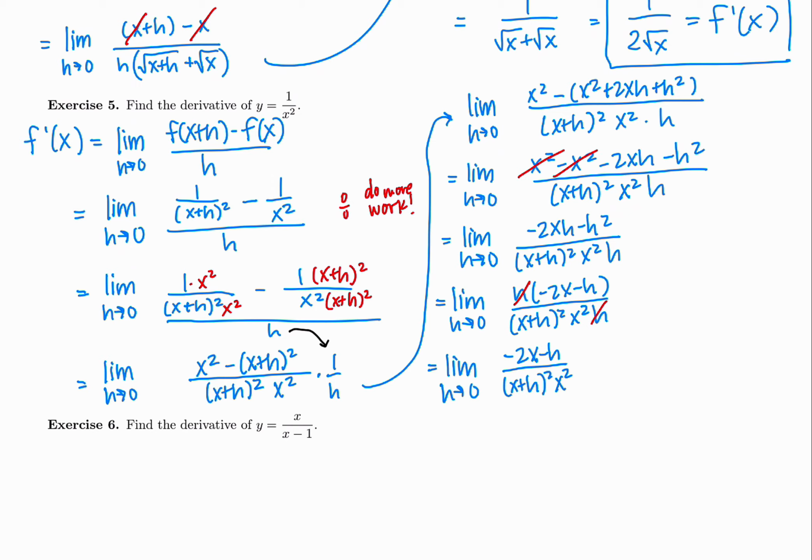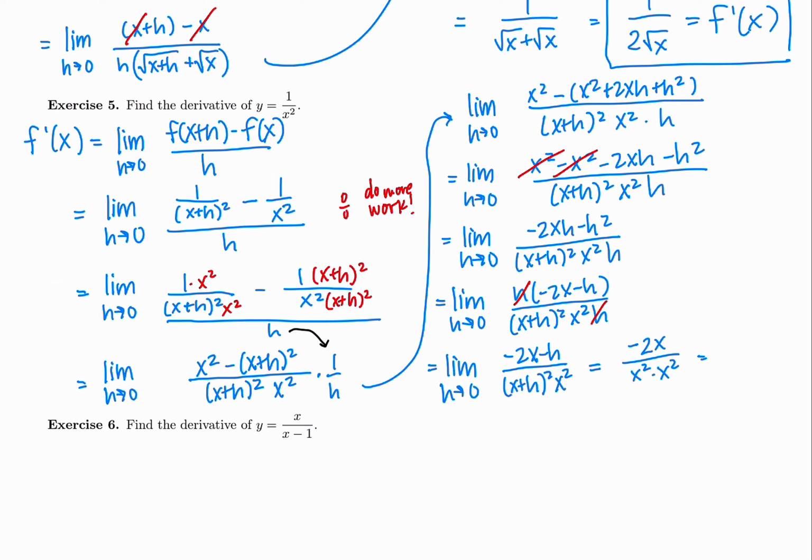Now, I should be able to find that limit as h approaches 0, which means plug in a 0 for my h's. So I don't have to rewrite limit as h approaches 0 anymore. I'm finding that limit. So this is negative 2x on the top when h goes to 0, and then an x squared times an x squared on the bottom.